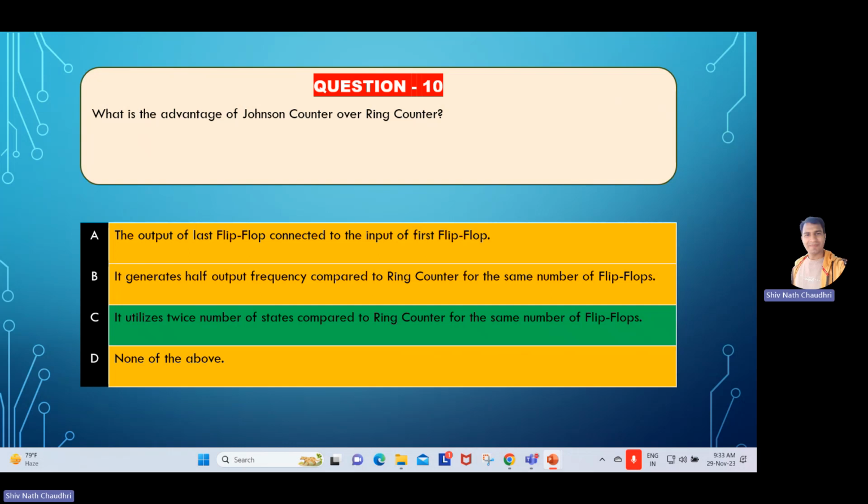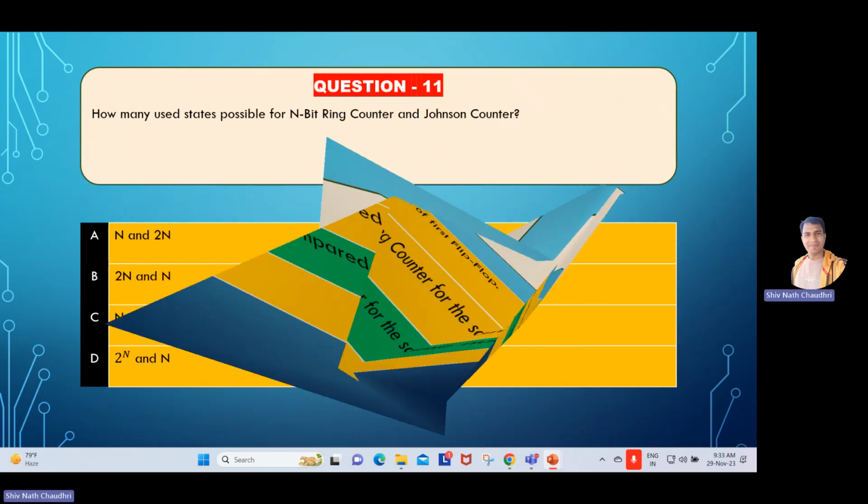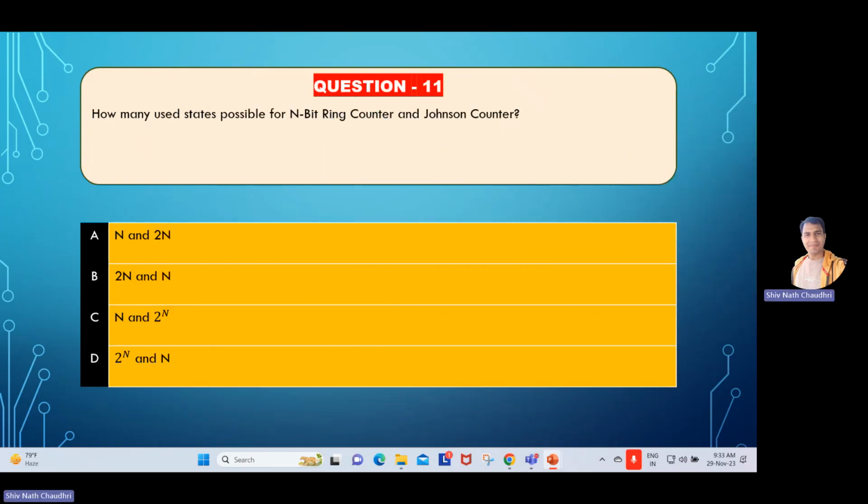Let's see what is the next question. Question number 11: how many used states are possible for an N-bit ring counter and Johnson counter? If you remember about ring counter and Johnson counter, in a ring counter the number of used states is equal to the number of flip flops. So an n bit ring counter means you are using n flip flops, so it is n.